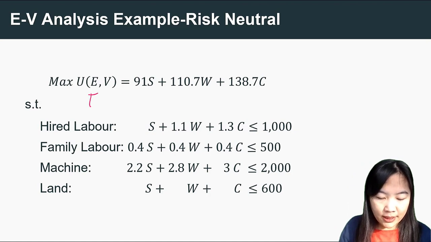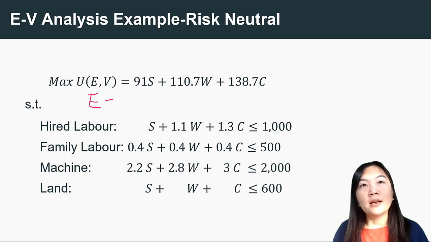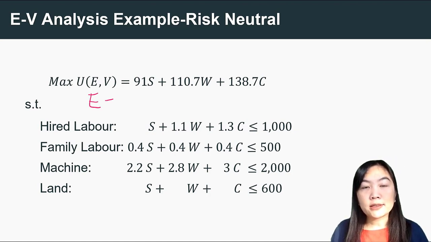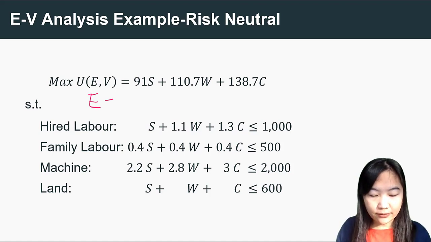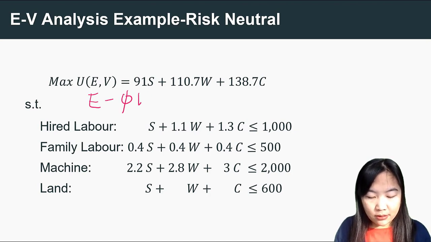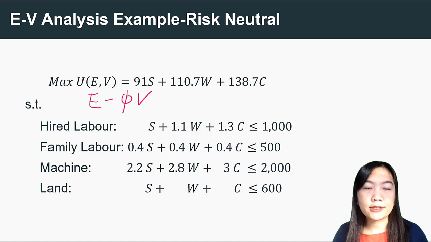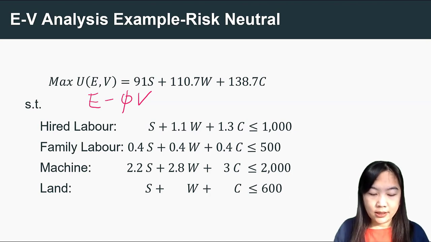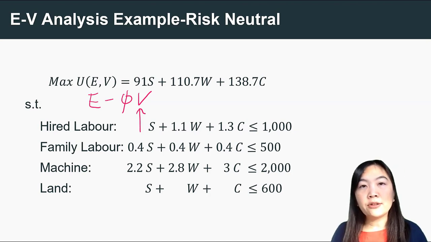And remember, we said if the decision maker or the producer is uncertain about the expected profit, then the decision maker can maximize what we call E minus phi V, and this V is the variance, and that's a measure of the risk.